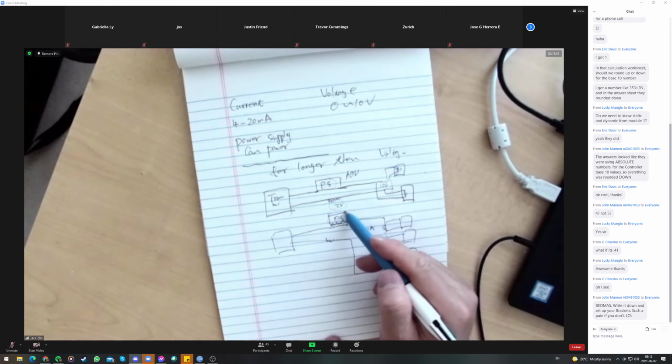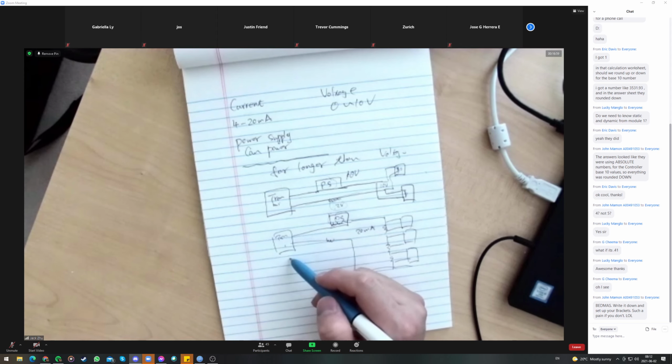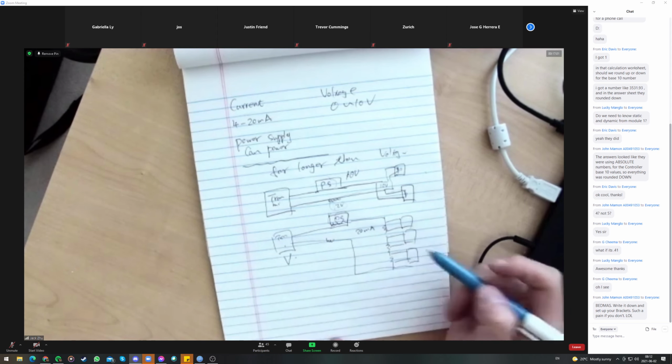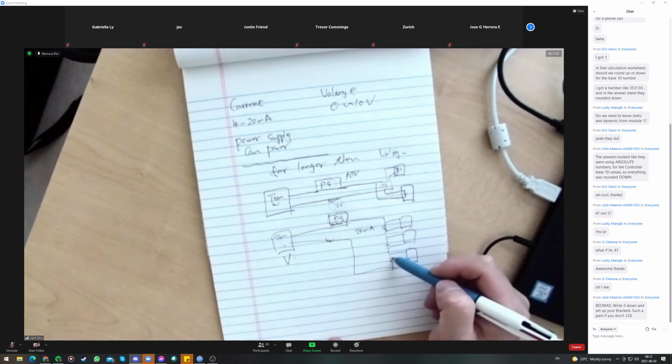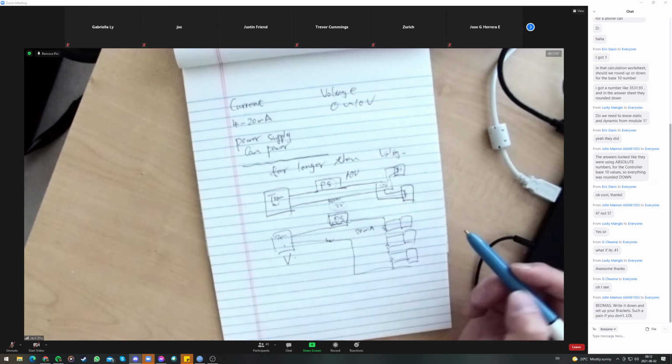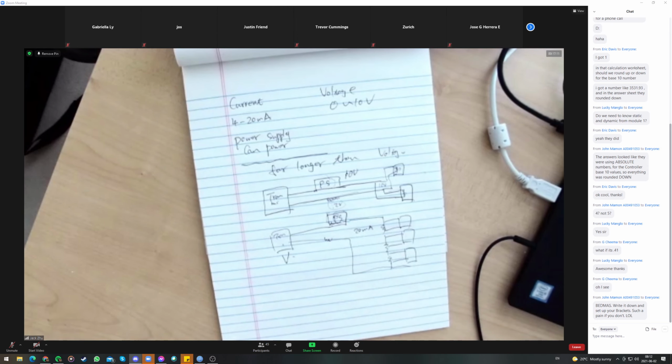As long as this power supply can give the transmitter enough voltage to make this work, and the voltage drop on the wire and on each of those resistors is small enough for the power supply to supply, this wire can go pretty long.